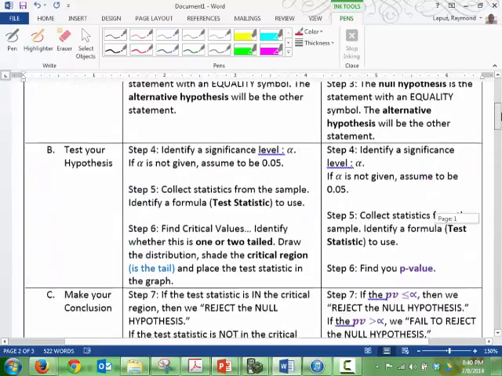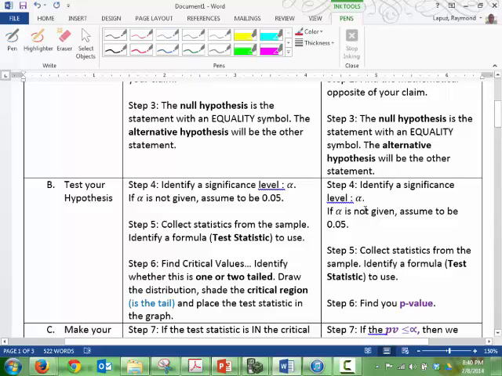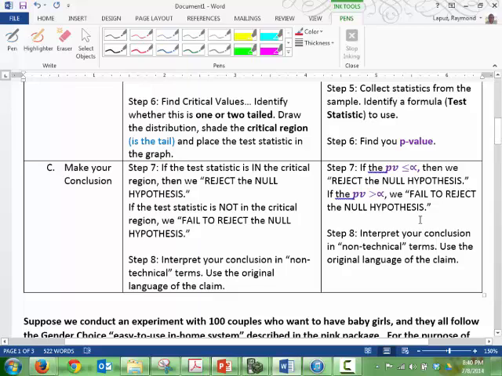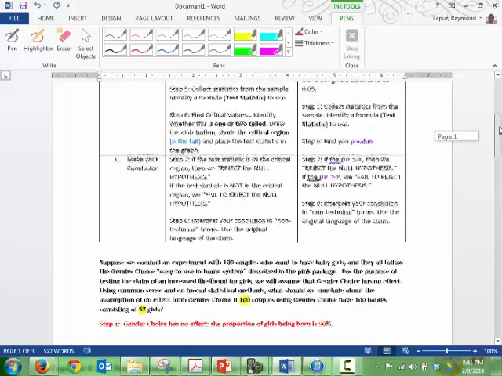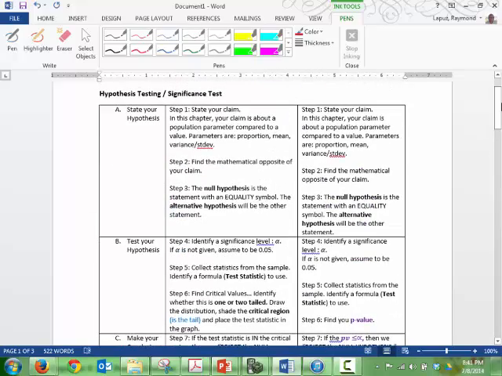Based on that, we only have to change a couple of steps, step 6 and step 7. Everything else remains the same. Okay?